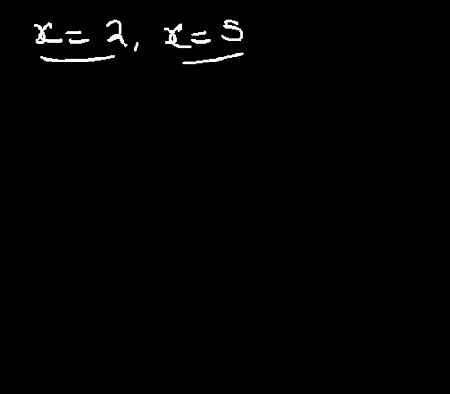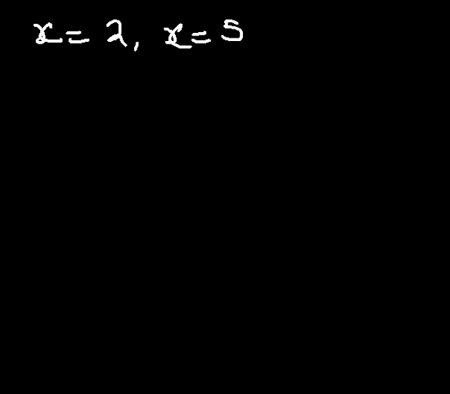And say we have, let's say, x is equal to 2 and x is equal to 5. So now what is actually a quadratic equation in which these roots were based from?